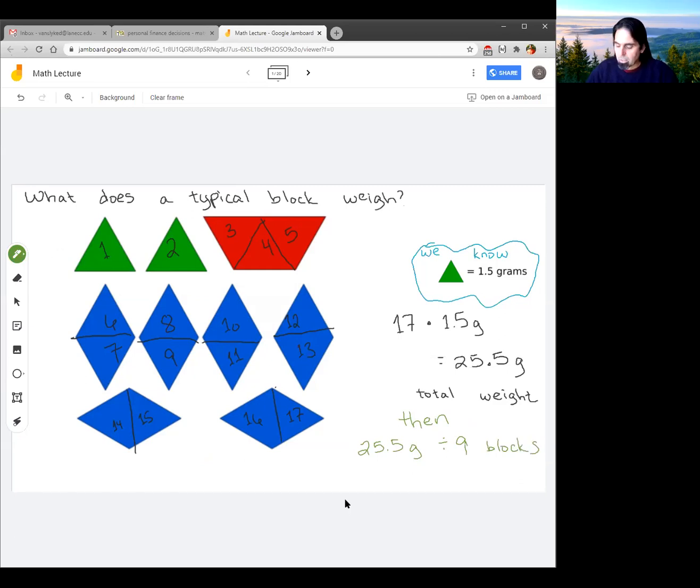So I'll get about 2.8. So the third person gets an answer that's a little bit less than the 3 that the first 2 people got.